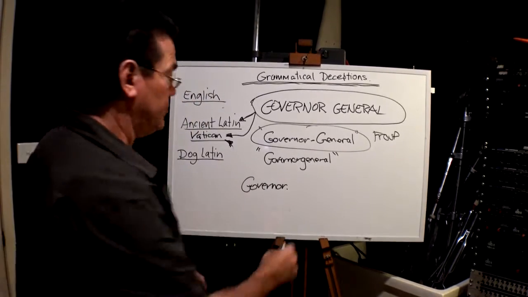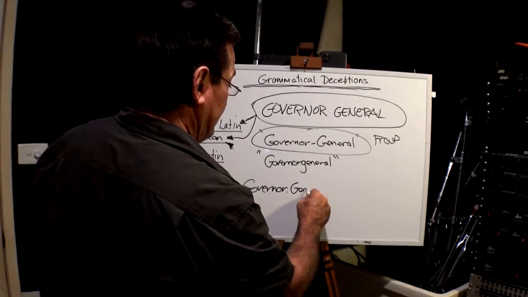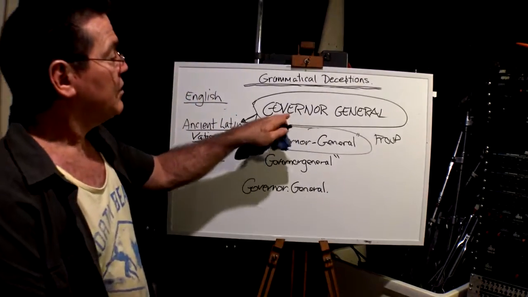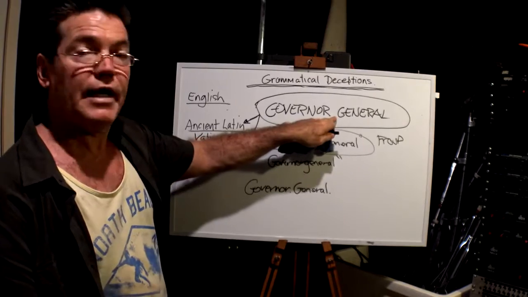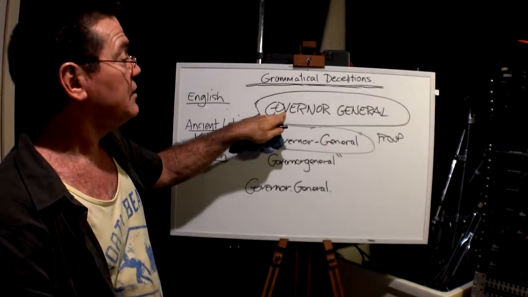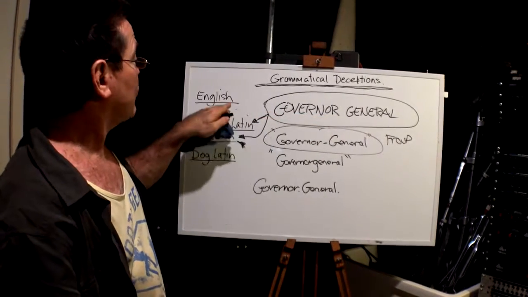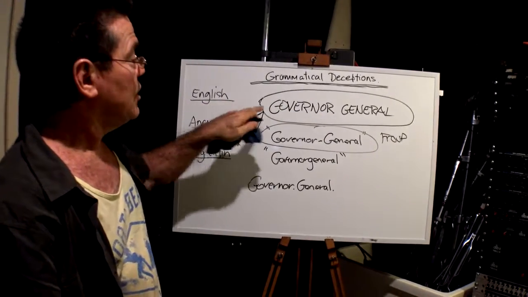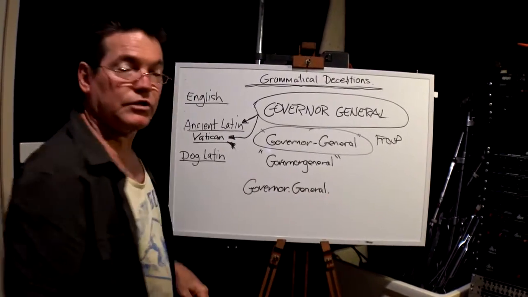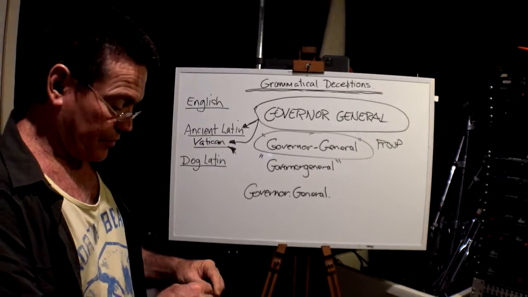Full stop. General. Full stop. Because Governor General, written in Dog Latin, which is using the ancient Latin text with the grammatical rules of English, renders this as Governor full stop General, which is not the Governor General.